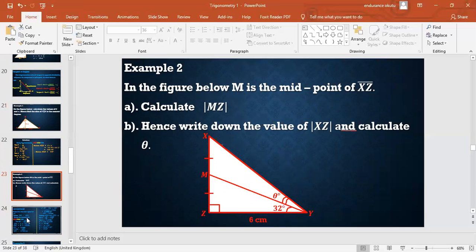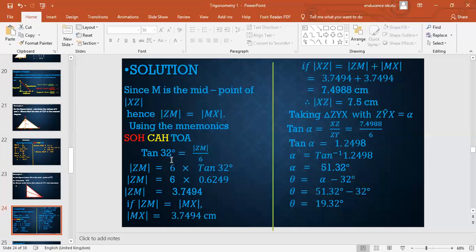Finding the value of ZM, that will give us tan. We say tan 32 is equal to ZM over 6. So making ZM the subject of the formula, we are going to have 6 times tan 32.